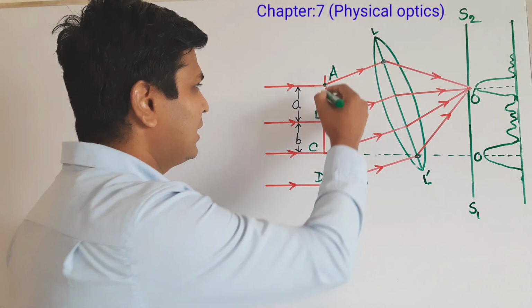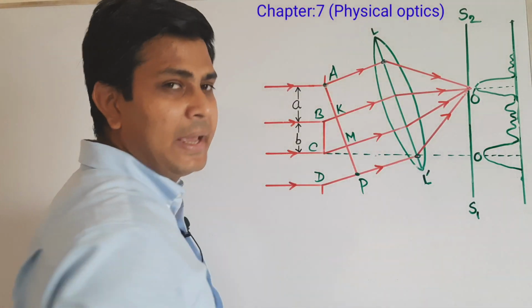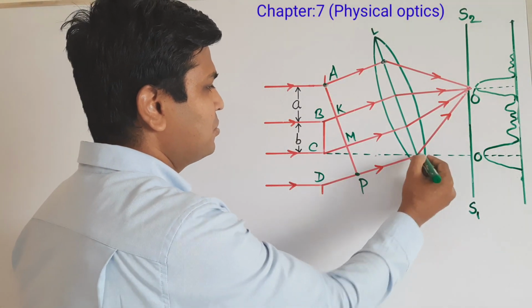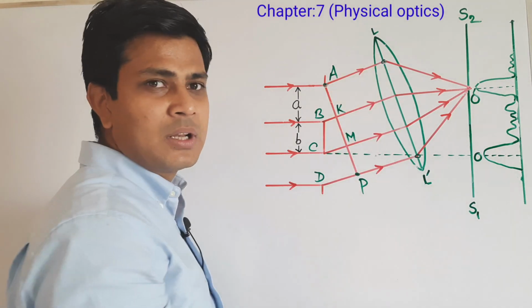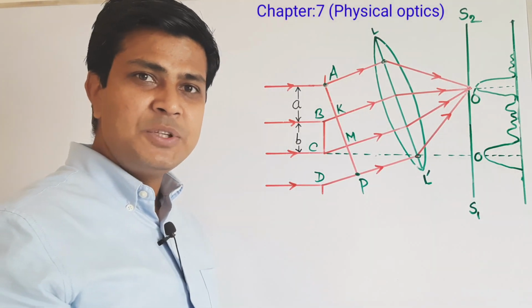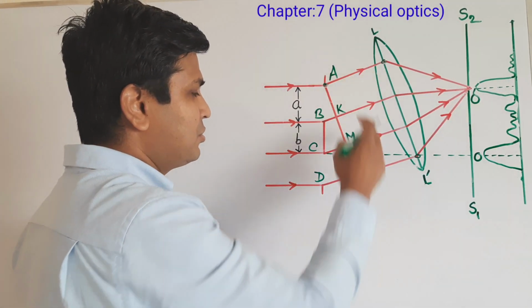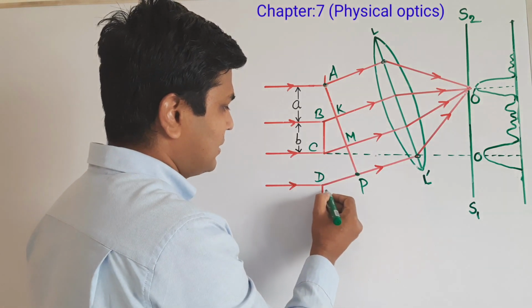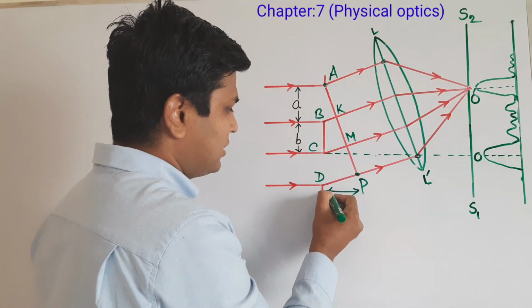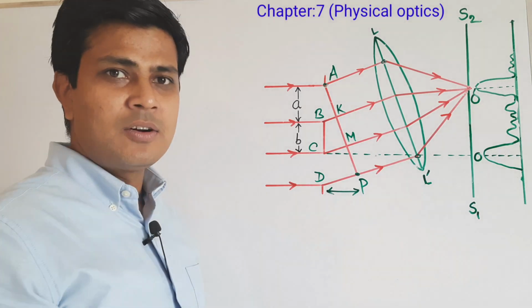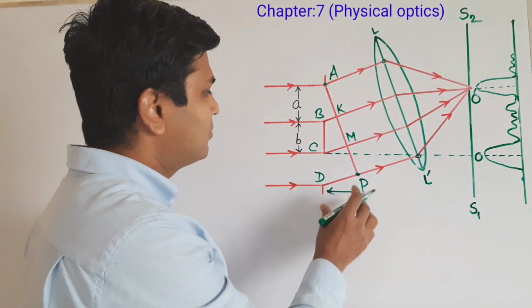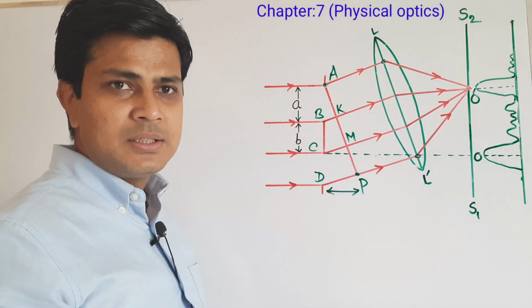Now, you can see here the distance of A to L and the distance of P to L prime is equal. So, what is the distance between those two rays? That is D to P. D to P is the path difference between those two rays of light.